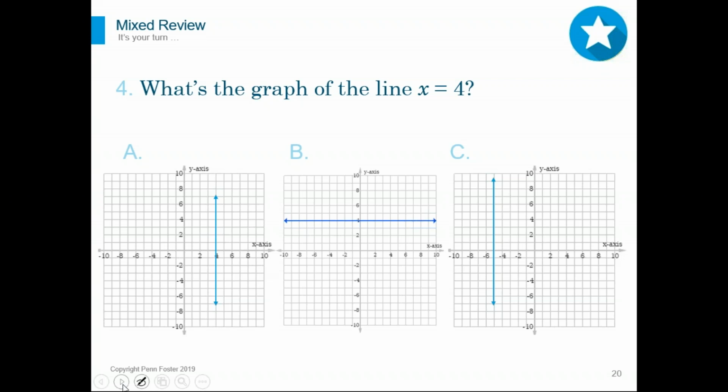Would that give you a horizontal or a vertical line? I'm going to keep that for a few seconds till you make your decision on which graph represents the given equation x equals 4.